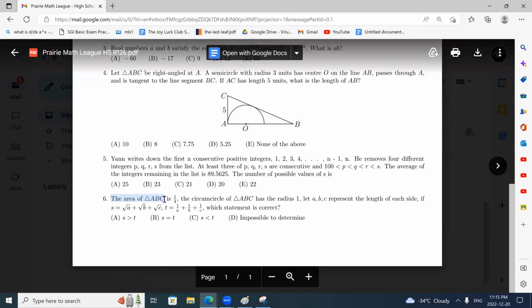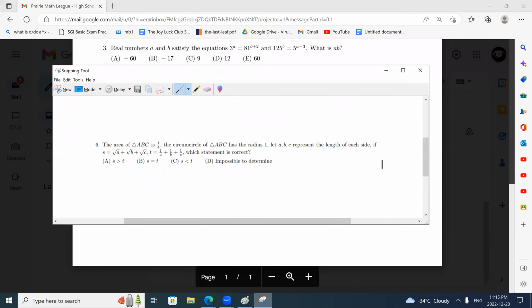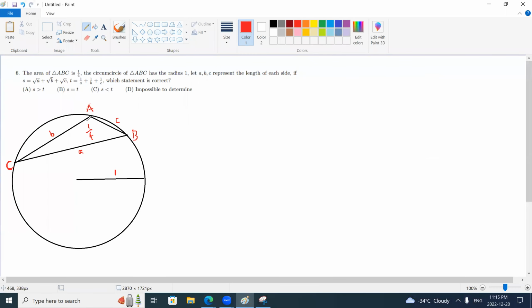The area of this triangle, which is this triangle ABC, is 1/4. And the circumcircle, okay, so a circumcircle is basically a circle where all your vertices are in the circle.